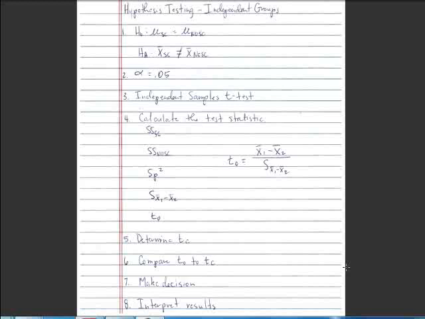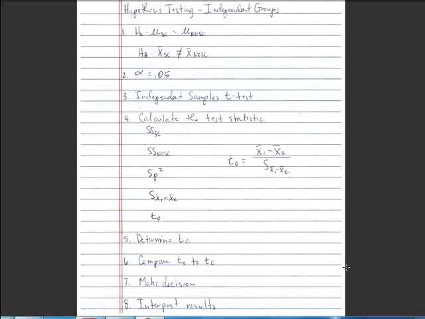S sub p squared is something called the pooled variance. S sub x bar 1 minus x bar 2 is something called the standard error of the difference between means, and we'll talk about that when we get into the math. T sub O is simply our t observed.